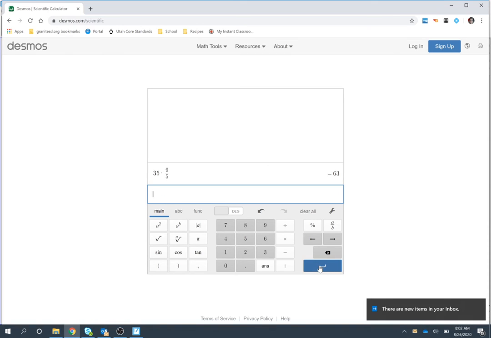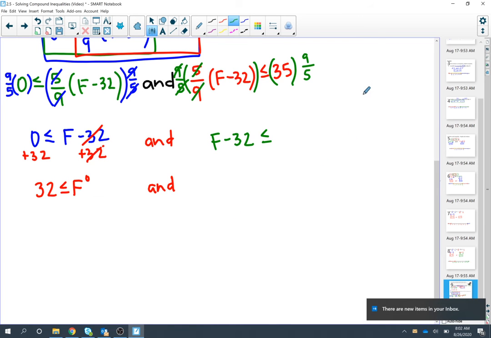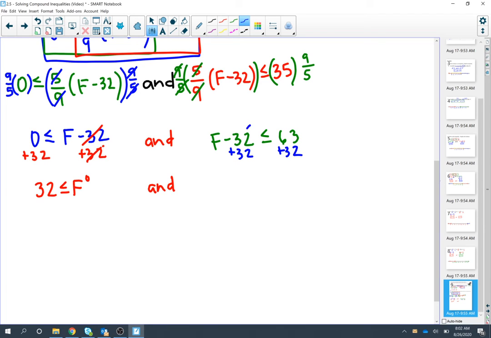Hit enter, and that's going to give me 63. Back to our lesson, 63. After we do that, we can add 32. So f is less than or equal to 95 degrees.